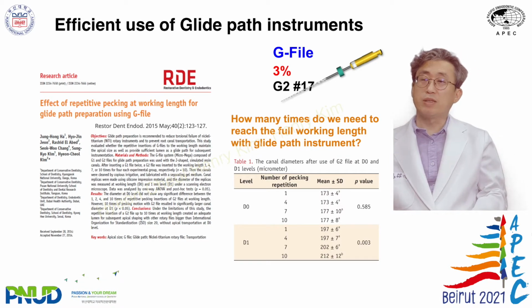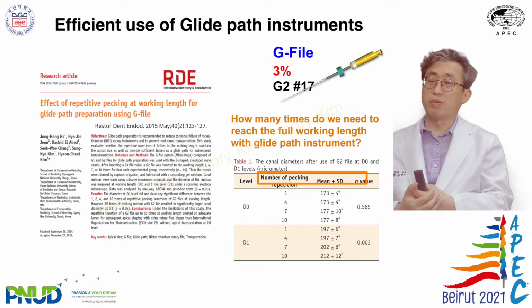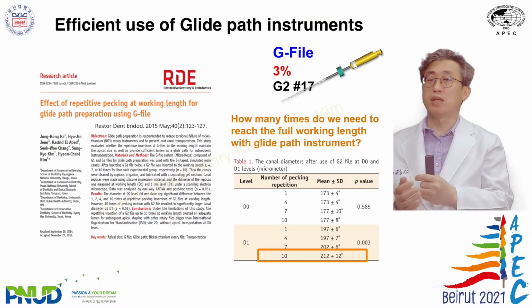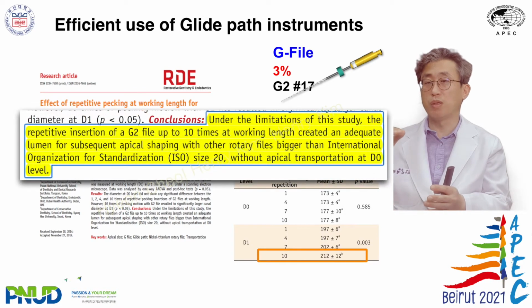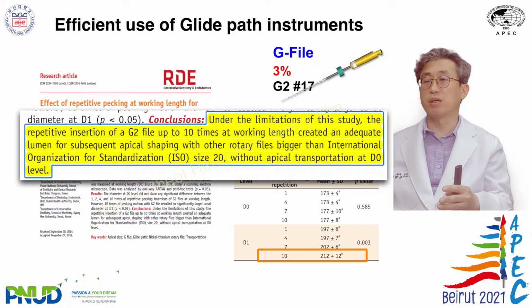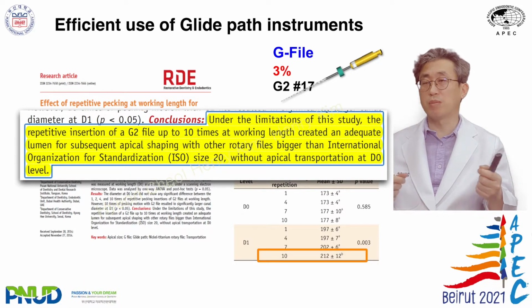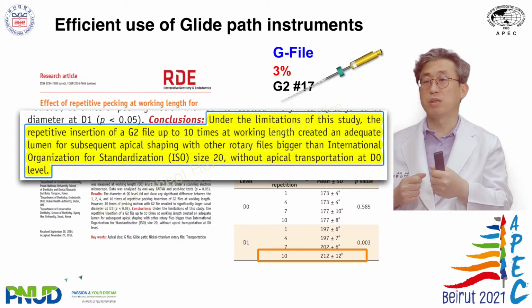And we found that 10 times of repetitive insertion to the working length did not make any transportation or deviation at 1 millimeter level, but made enough enlargement at the apical canals. So it will help the next coming shaping instrument.